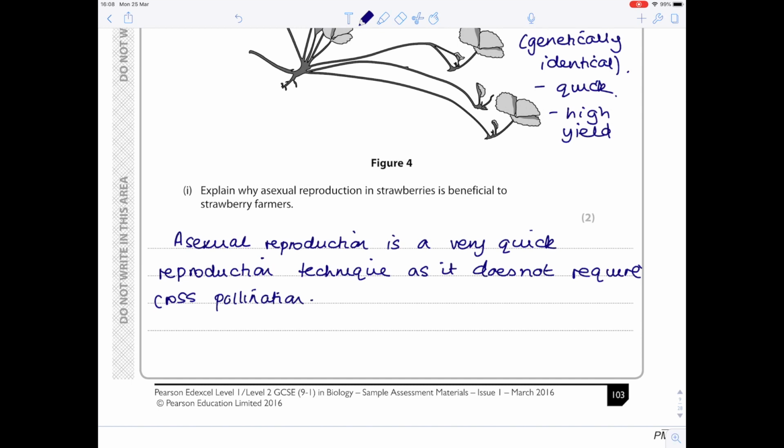Link it to the farmer's requirements. It allows the farmer to produce high yields very fast.